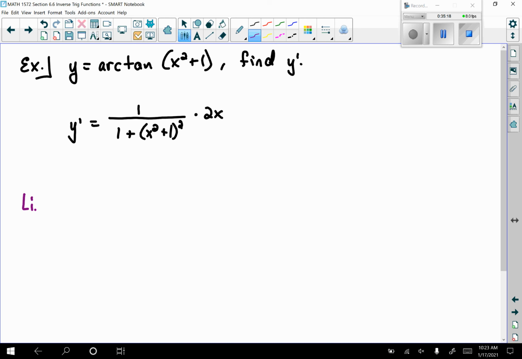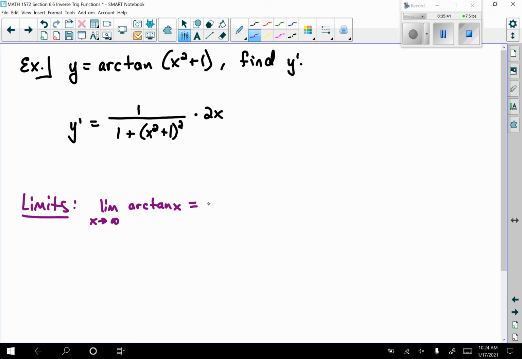All right, so let's talk some limits here. And again, it's helpful to picture the graph, which is why I went over and graphed the inverse of sine, inverse cosine, and then inverse tangent. So let's say the limit as x approaches infinity of arc tan x.